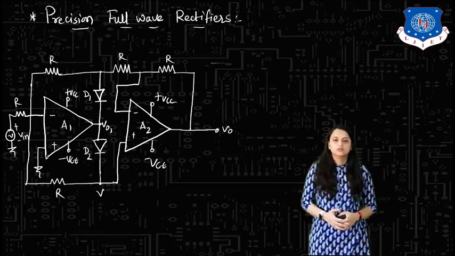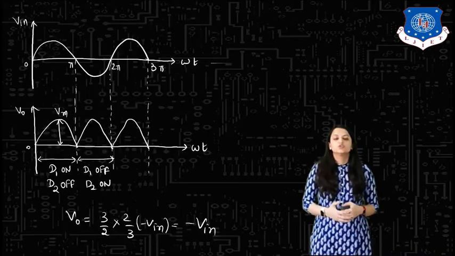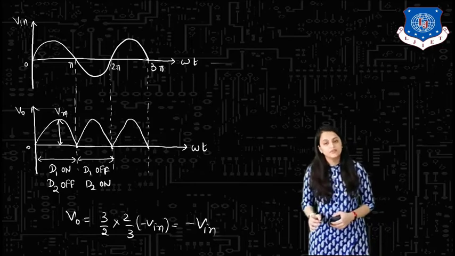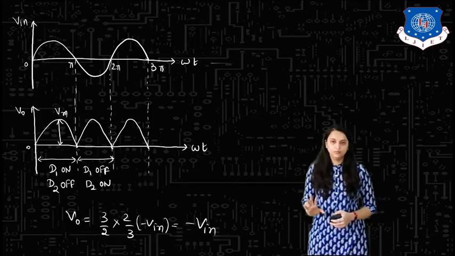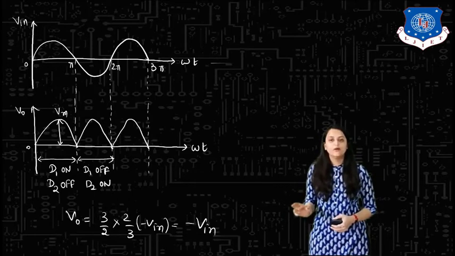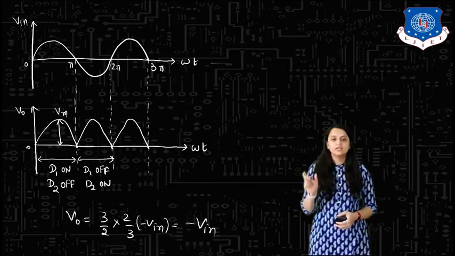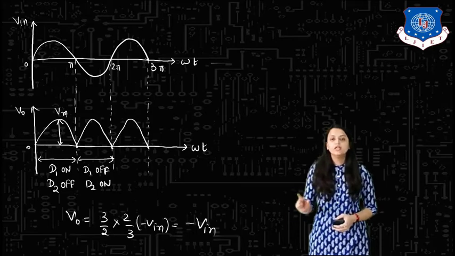Now, let us see how it works. Here the input waveform is indicated. Whenever in the region 0 to pi, D1 is on, D2 will be off. So that will give the output Vm through diode D1. In the instant pi to 2 pi, that is the negative half cycle of the input, diode D1 will be off and D2 will be on.